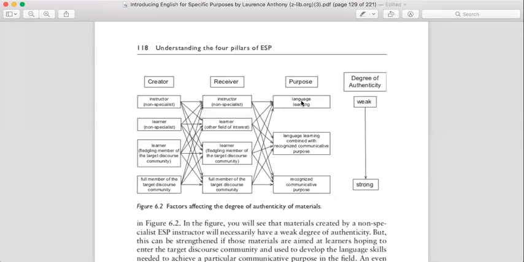The purpose is not language learning, but the purpose of this produced communication was for the communicative purpose. And that happens to be the strongest authentic material. So the weakest one has a purpose of language learning, and the strongest one is taken, not created, selected from the actual recognized communication.